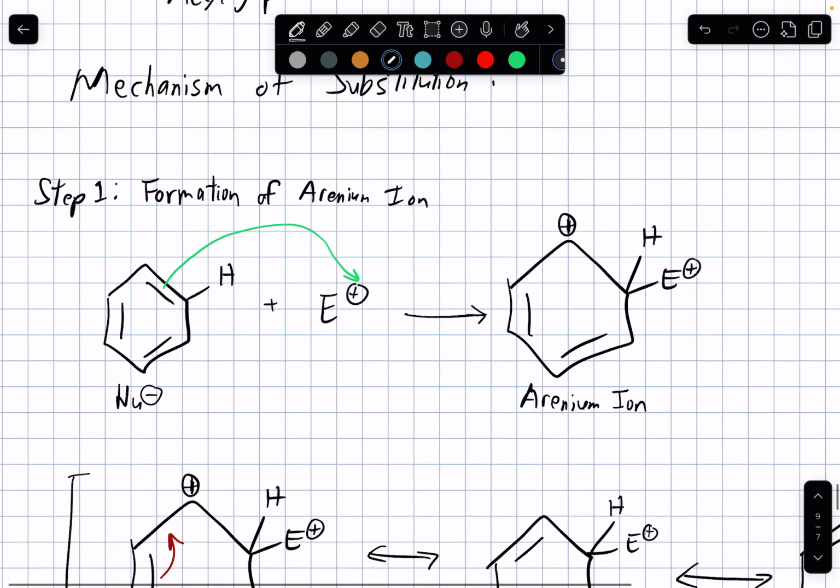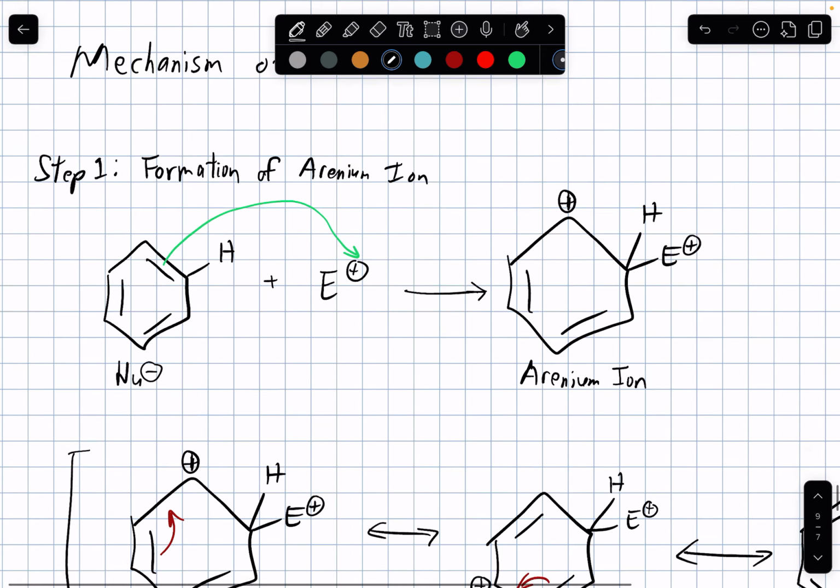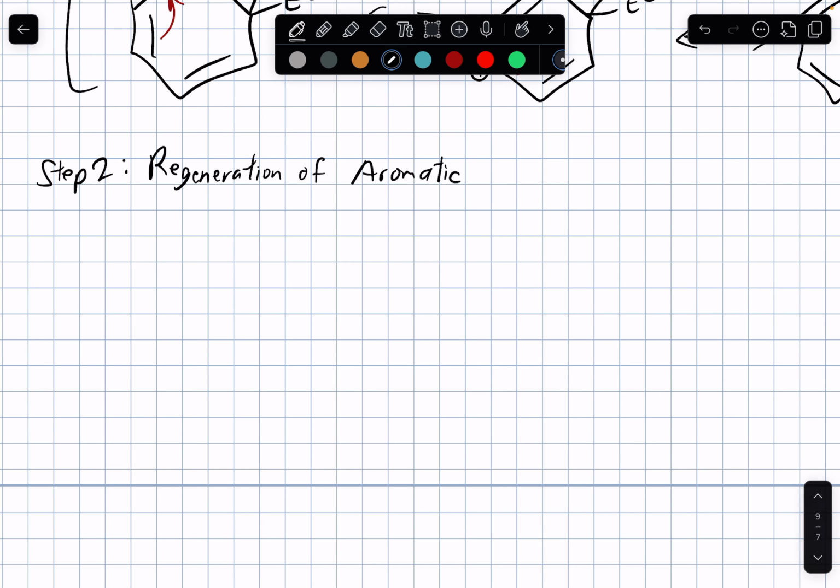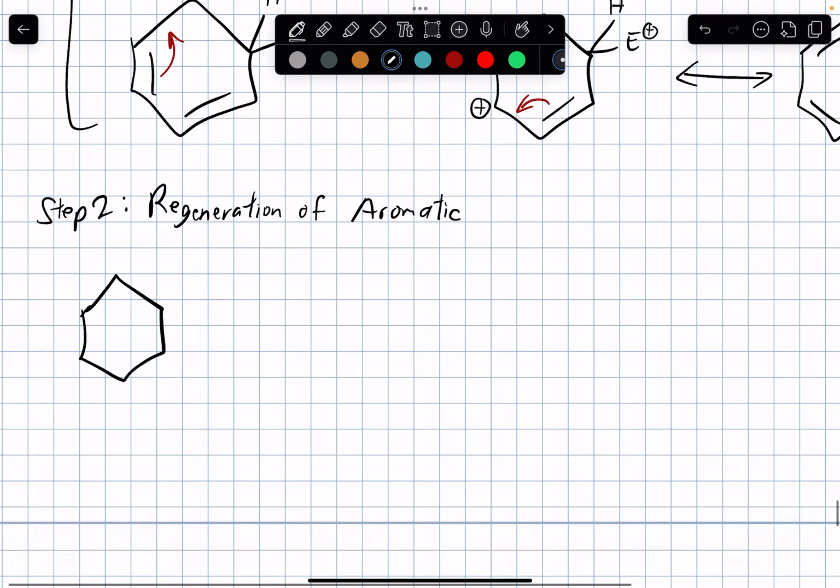The catalyst dissolves at the beginning of the reaction, and it is reformed towards the end of the reaction. We'll see that later when we show the mechanism. For now, this is just in general. We're not actually showing any reaction yet.